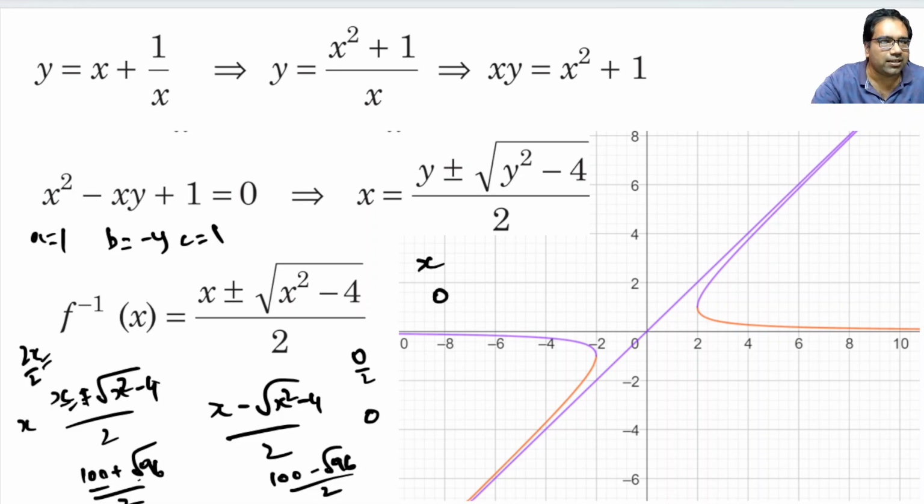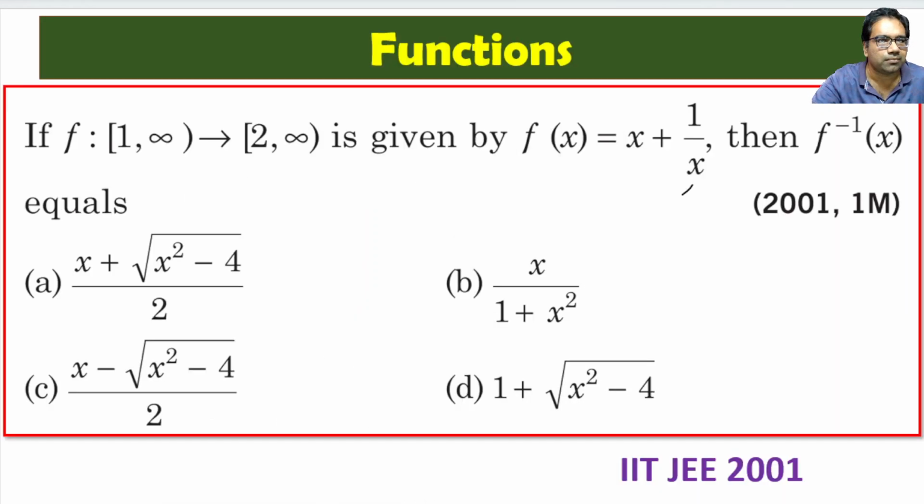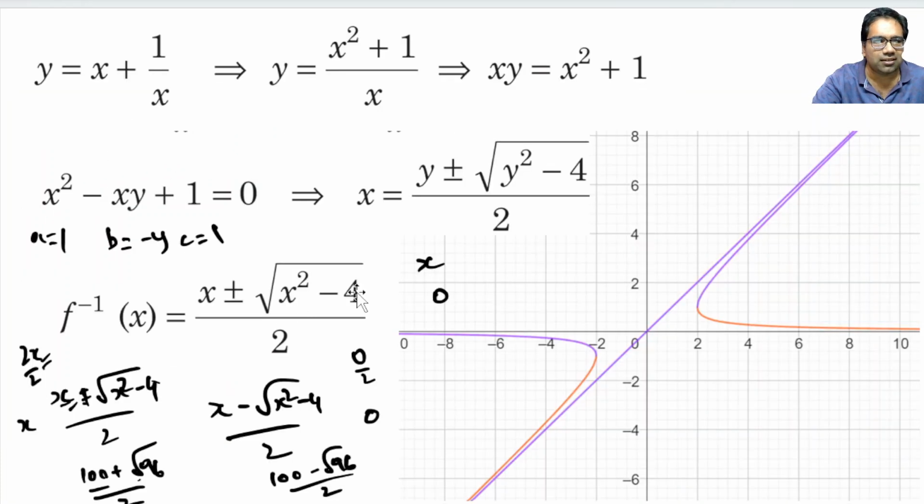But the domain of f is 1 to infinity. What does that mean? The range of f inverse x should be 1 to infinity. But in one case, the range is x, which is fine. In another case, the range is tending to 0.